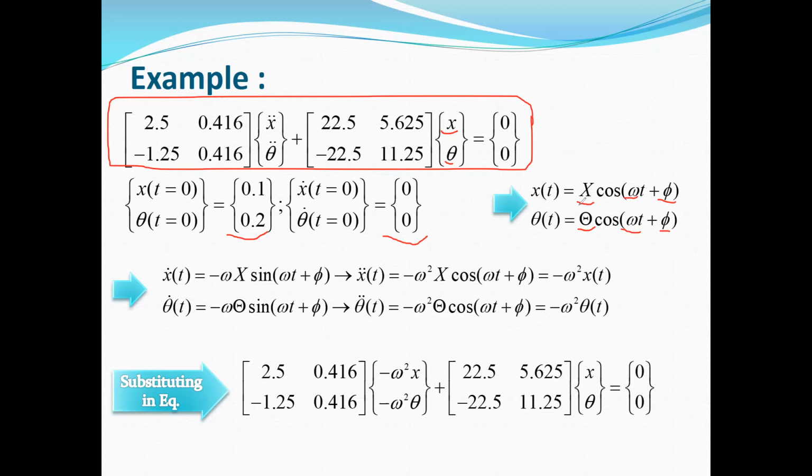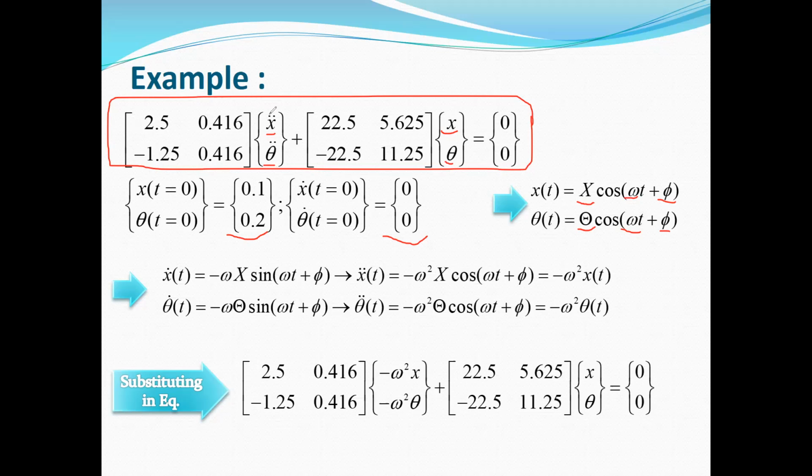Now, if you substitute these responses in the equation of motion, we need to calculate x double dot and theta double dot. You know that x double dot is minus omega squared times x, and theta double dot is equal to minus omega squared times theta.